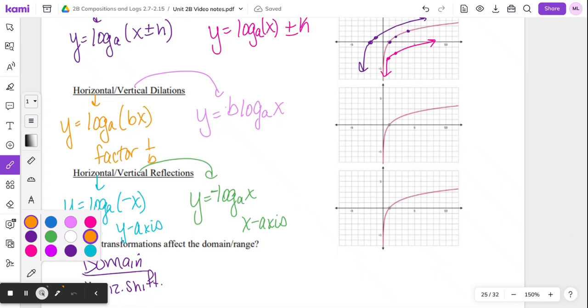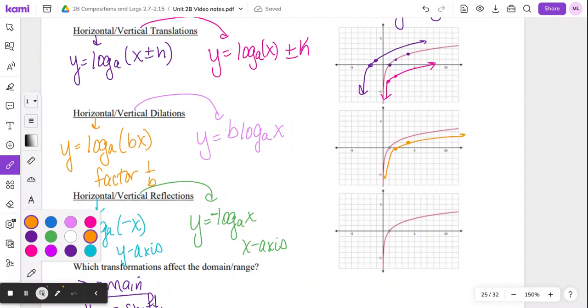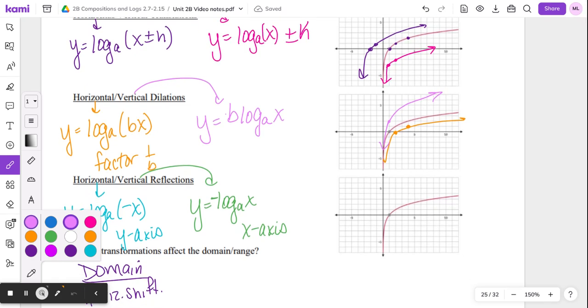Okay, let's look at horizontal or vertical dilations. So let's say we did a scale factor of 2. So it would just stretch it horizontally, not going to change where that asymptote is, unless there's a horizontal shift. So the horizontal shift is key. All right, and if we do a vertical dilation, not going to change your range again because it was all real numbers.